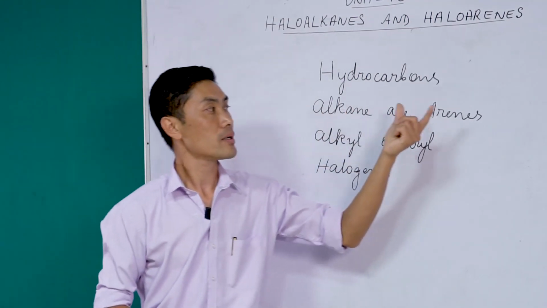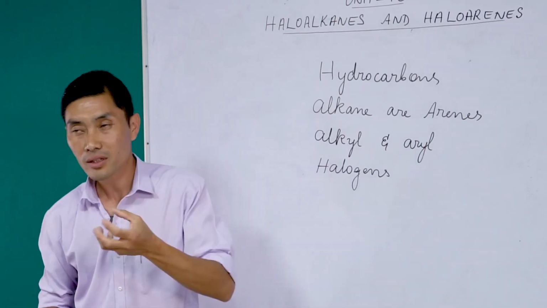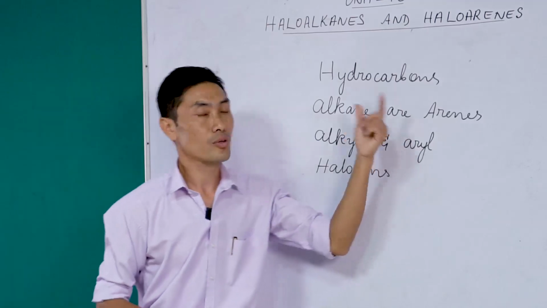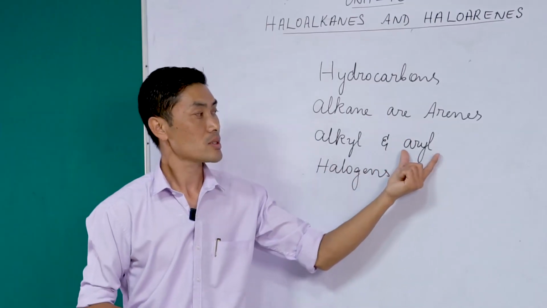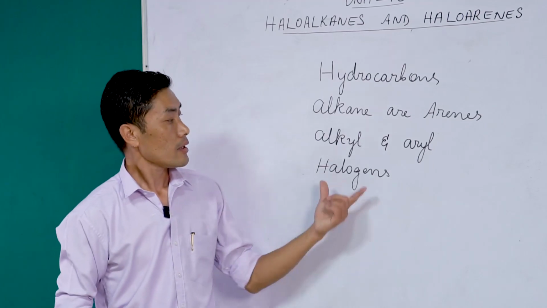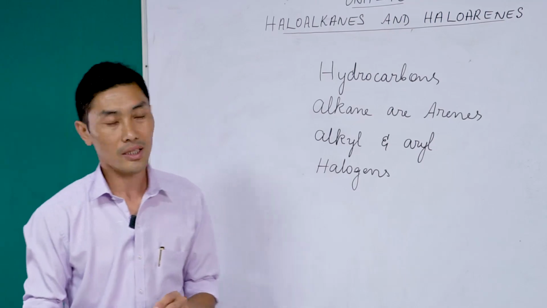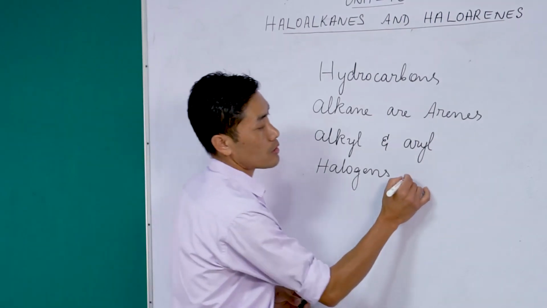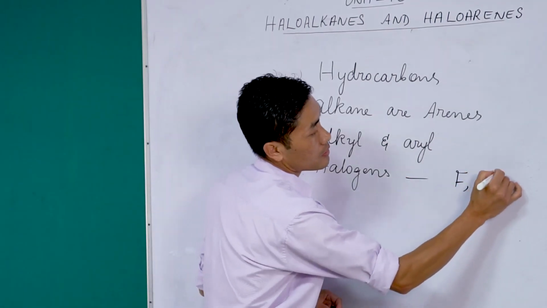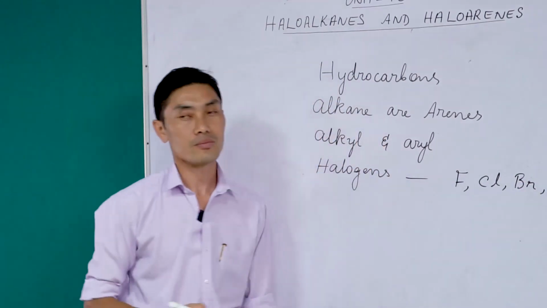And from the aromatic ring of these arenes, if we remove one hydrogen, we get the aryl group. Halogens are the elements from group 17, and these include fluorine, chlorine, bromine, and iodine.